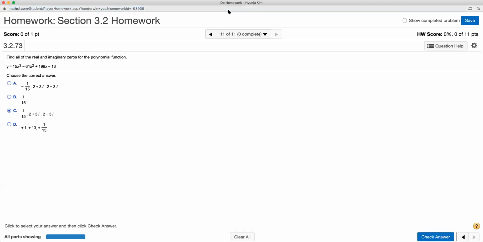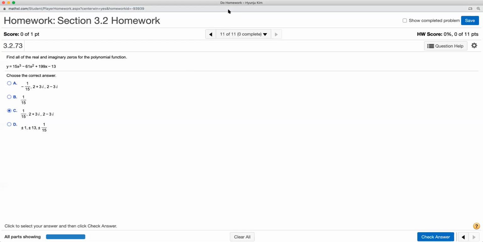Let's move to the problems in homework set 3.2, because for 4.1, I believe you can solve most of those problems. I couldn't find any tricky or difficult problems, so I think you can get them.